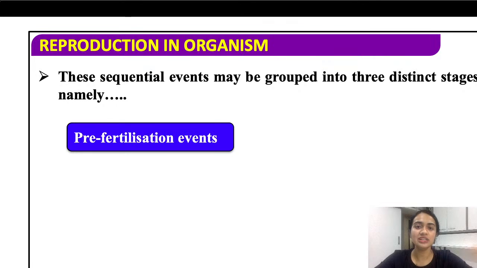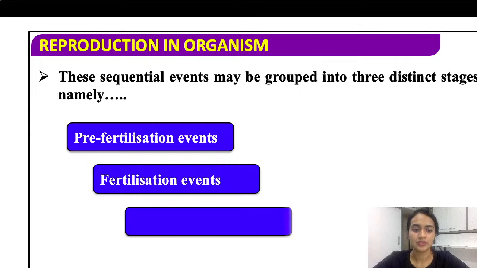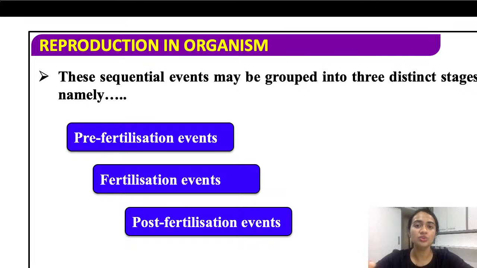First is the pre-fertilization events, the time when the organism prepares itself for the following fertilization. Then come the fertilization events, followed by post-fertilization. Fertilization involves the fusion, and post-fertilization is how this embryo, once fused, matures and grows in the parent organism.